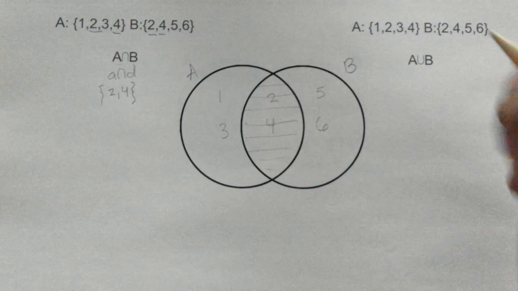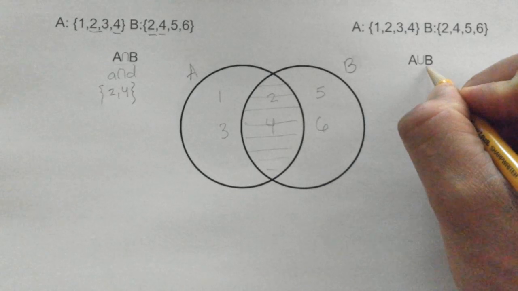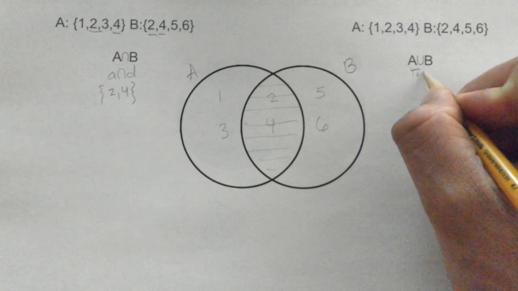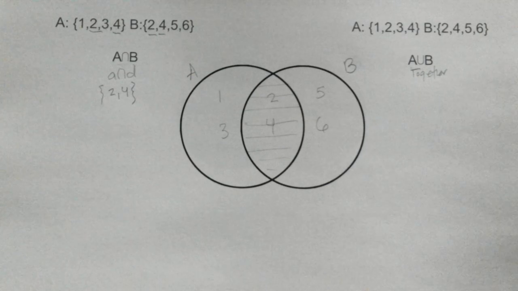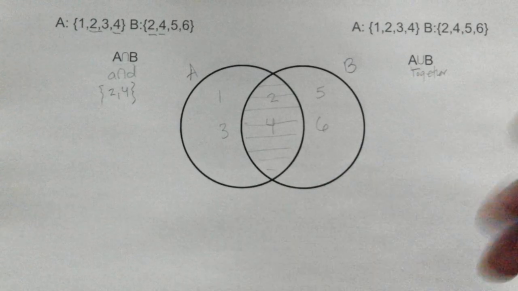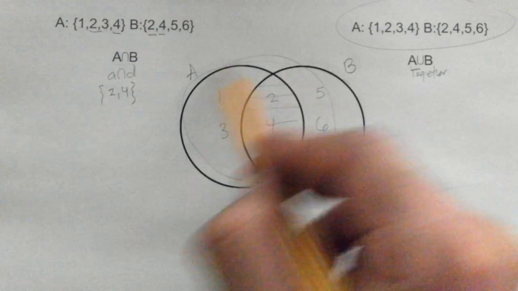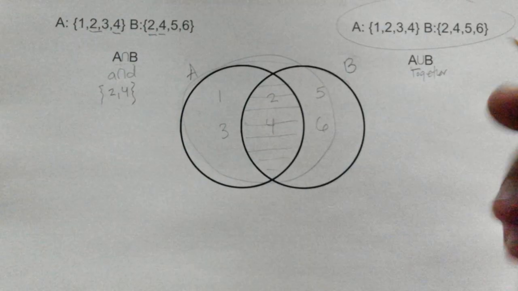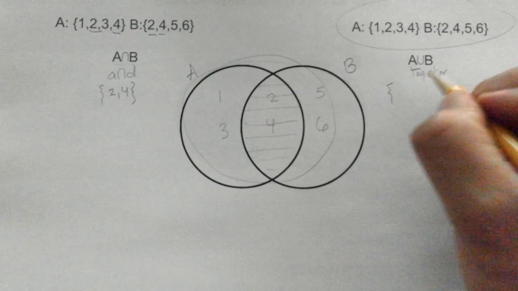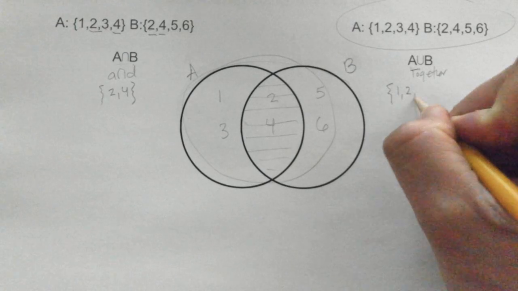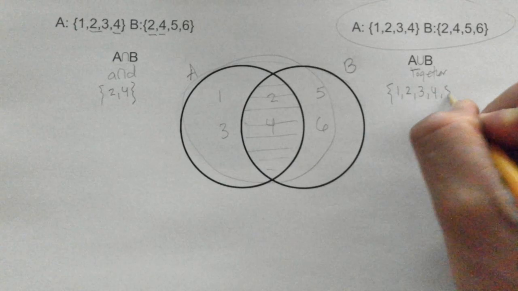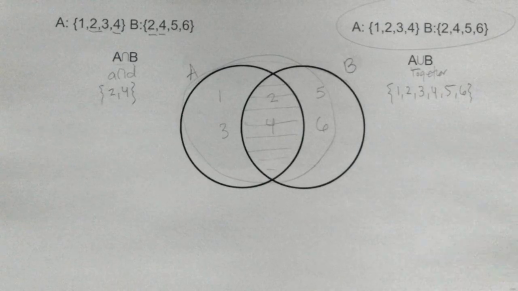What about the union? The union is combining both sets together. I'm going to look at everything, all of this in one big circle. What does that look like? Well, it's literally every number: 1, 2, 3, 4, 5, and 6.